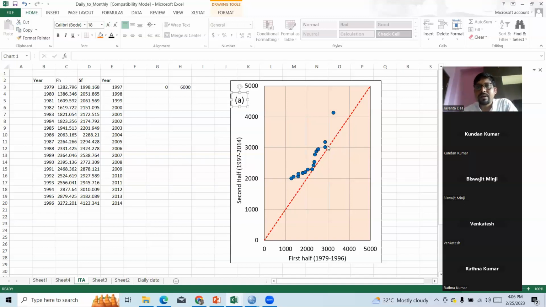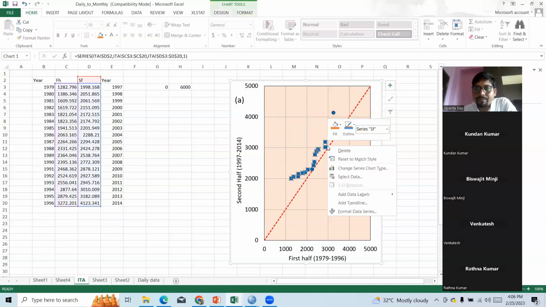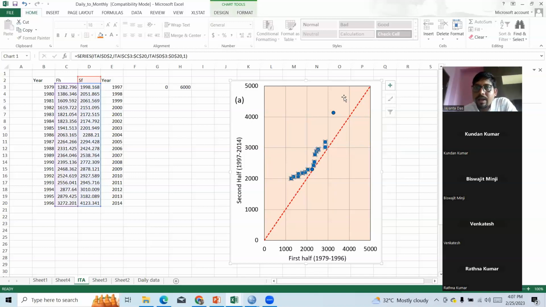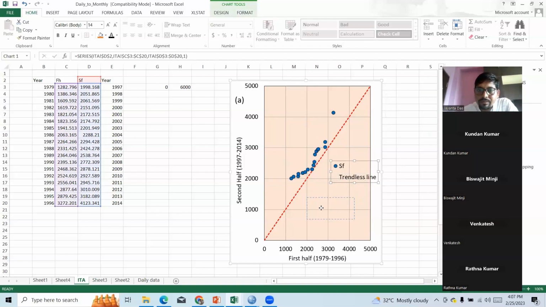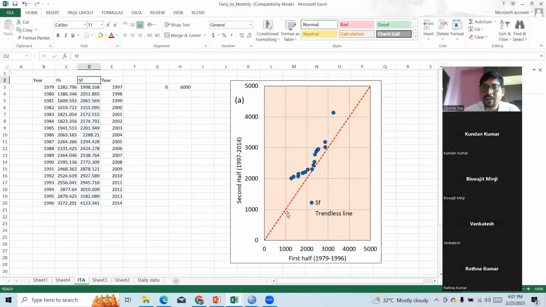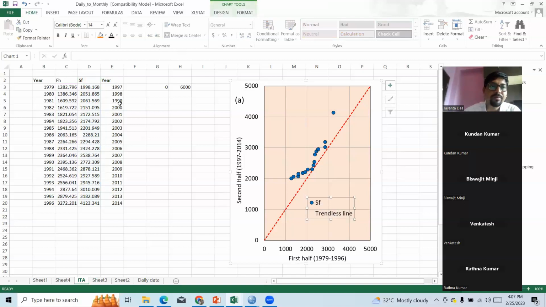Okay. Now, again, another important part, legend. It's called, as if you change it here, then it will be changed from here also.